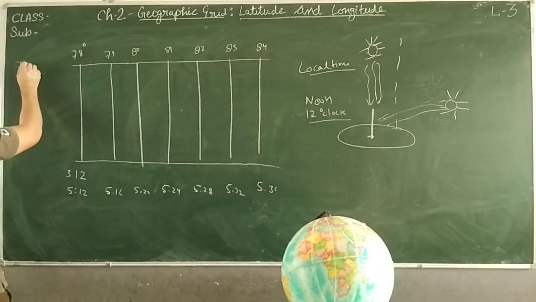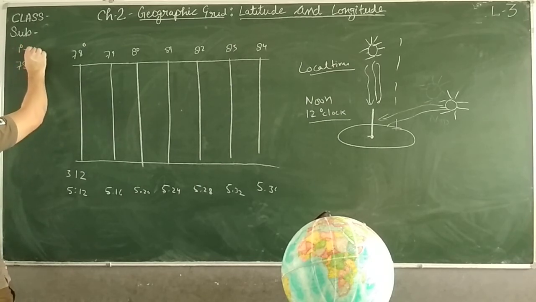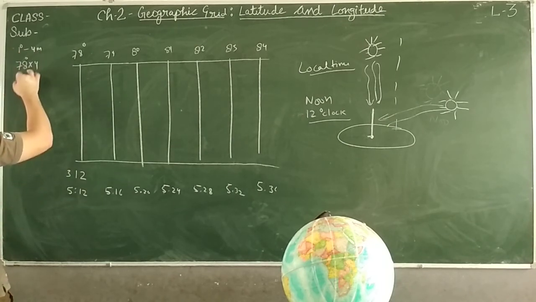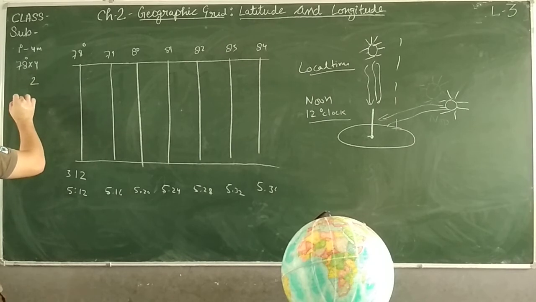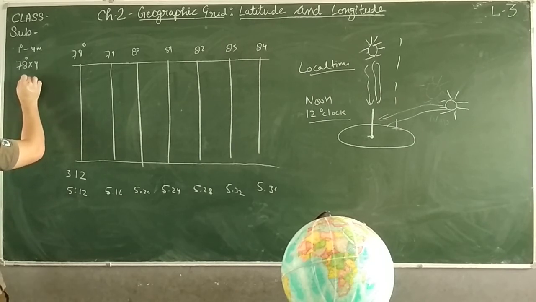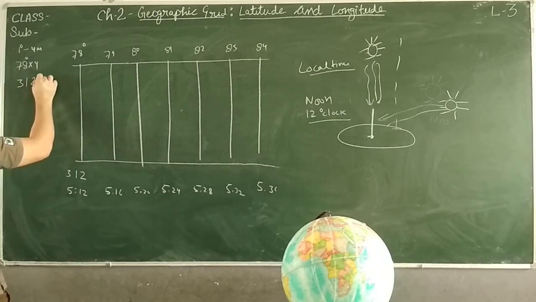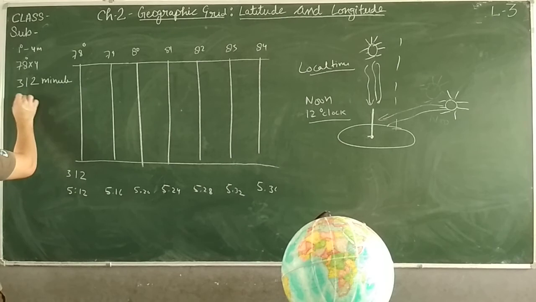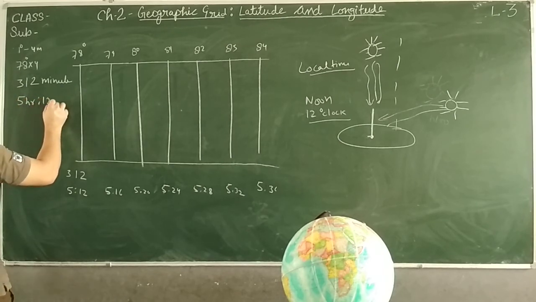I have just multiplied 78 by 4, because 1 degree is equal to 4 minutes of time. 4 8s are 32, and 7 4s are 28, plus 3, it will be 312 minutes. 312 minutes is equal to 5 hours and 12 minutes.